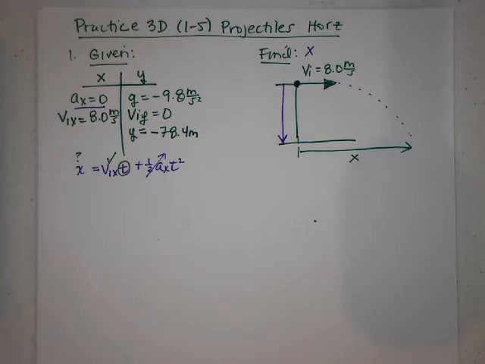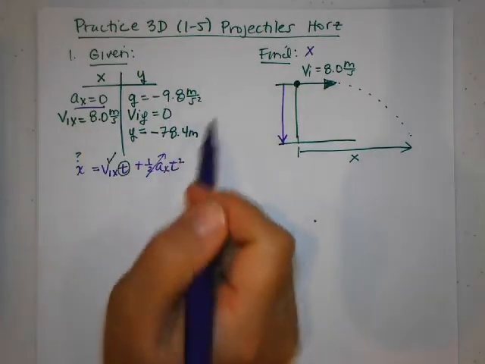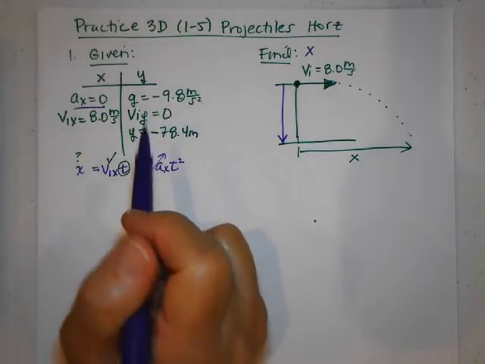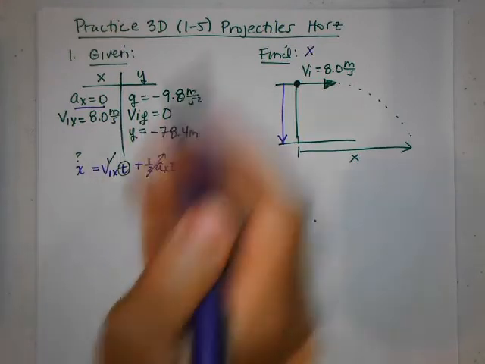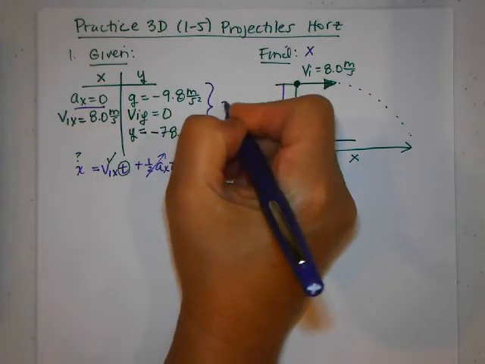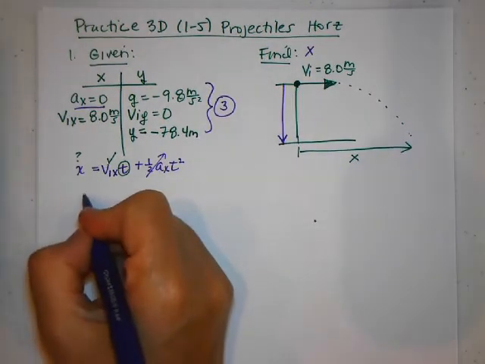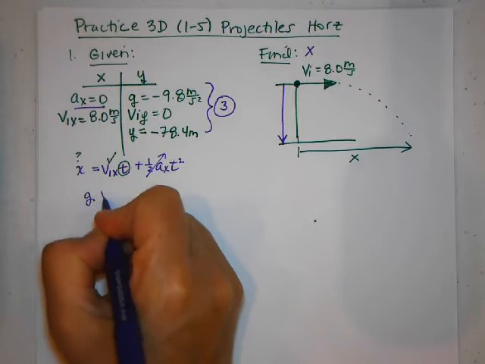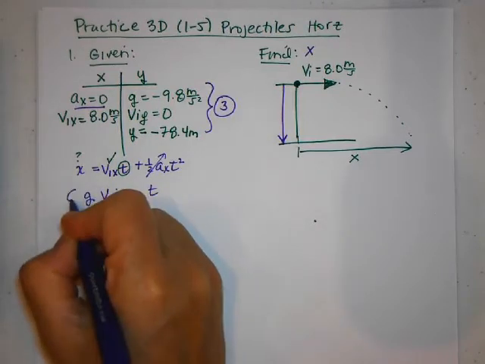Well, how do we find the time? Well, I look at my givens and finds. All my equations have 4 variables. So I'm going to say, well, which side has 3 so then I can find the 4th. So I see here I have 3 variables. So what are my variables? Well, I have g, I have Viy, I have y, and I want to find t.